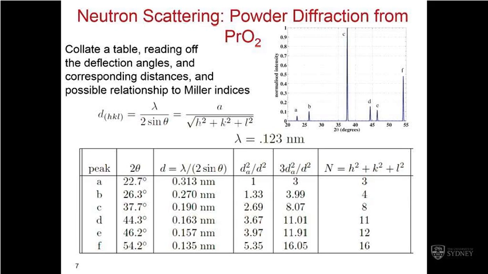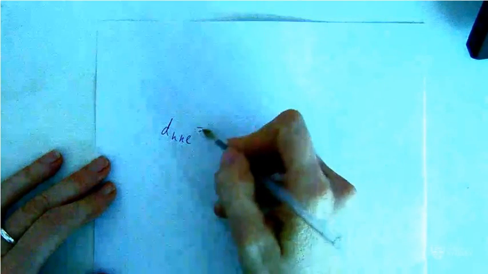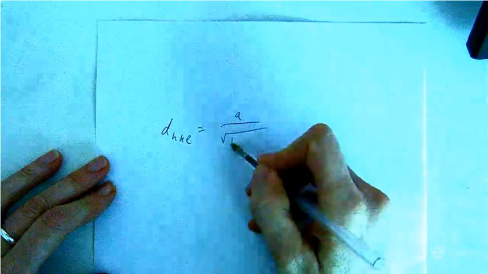Now this is the point where it may have lost you a little bit, unless you've had time to go over it at home already. Let's just take a little back step and start off with what we know from before, lattice constant, h squared plus k squared plus l squared.